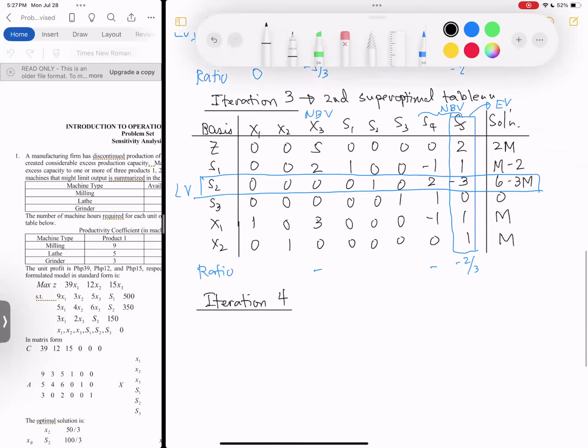Okay, so iteration 4, let's see what happens. So you have basis.